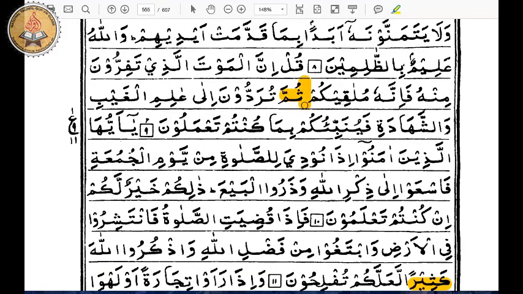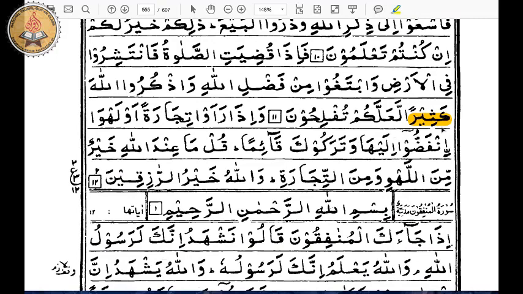Okay, so read from here, just up until here. ثم تردون إلى عالم الغيب والشهادة. Excellent, very good. And just read this highlighted word over here. كثير.